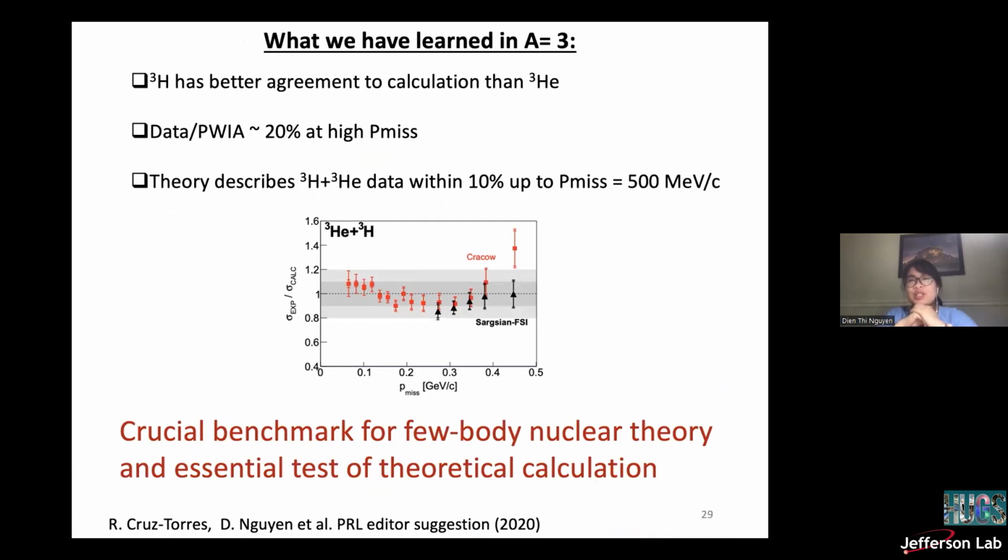In the experiment, what we really measure is the np pair and the pp pair. In terms of symmetry, we believe that the nn pair behaves similarly to the pp pair, but we don't have a direct measurement of the nn pair. That's why I didn't talk much about that.